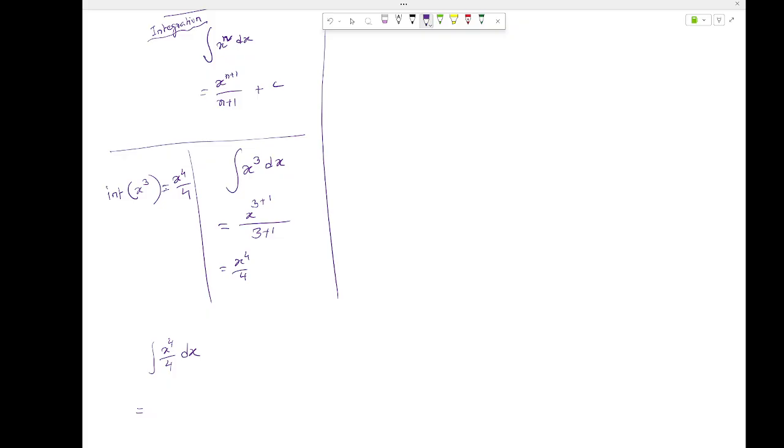First of all, anytime you are facing differentiation or integration, they don't care about the constant. If the constant stays alone for differentiation, we've seen the result is 0. If the constant stays alone, you can still do the integration, but for integration it's not 0, it's the constant multiplied by x, if you are integrating with respect to x.